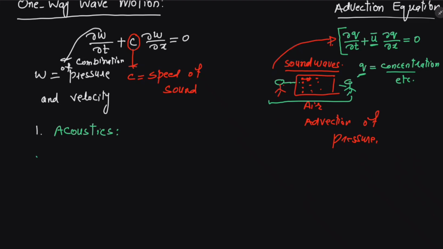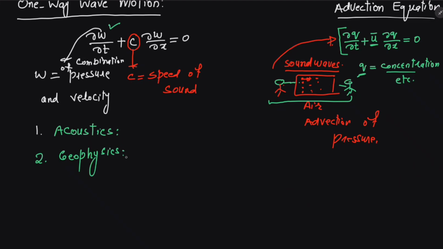Then it also has other applications. One-way wave motion has application in geophysics. In geophysics, you may hear in the news about seismic waves, like earthquake waves.